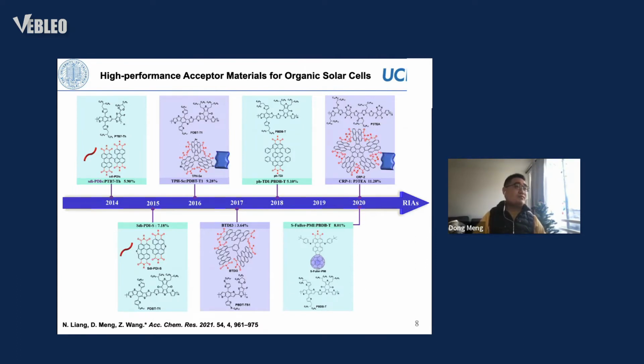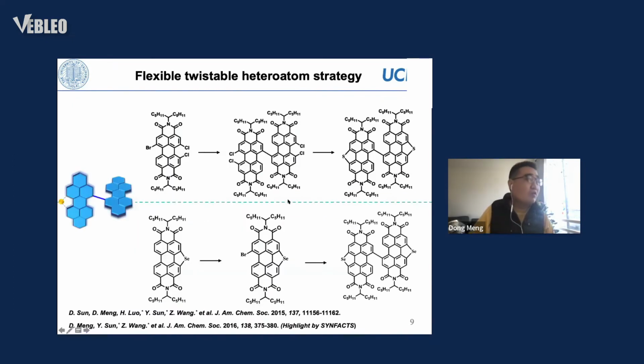For the details of the flexible, twistable, heteroatom strategies, we first use single links. They give twisted structures and avoid forming H aggregations.